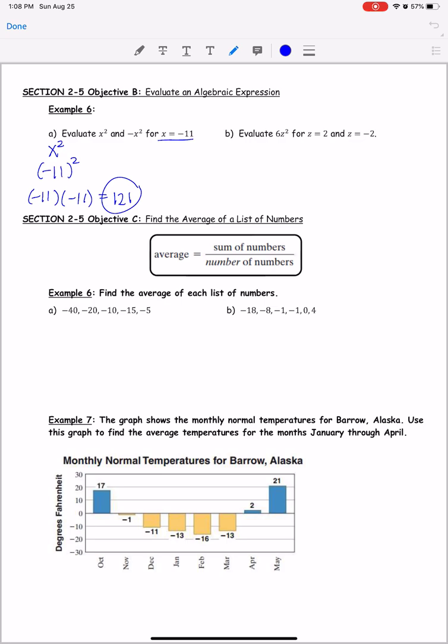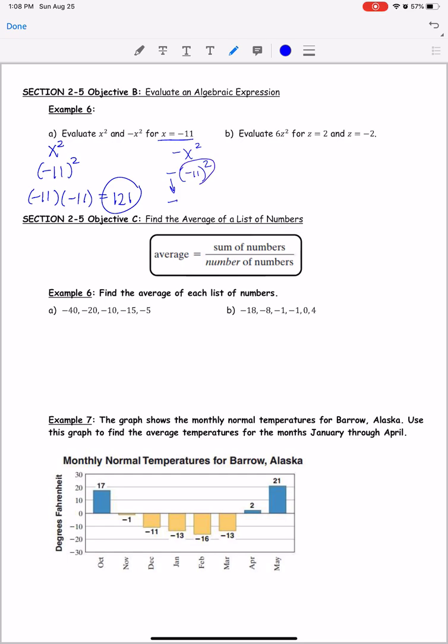My next one is this negative x squared. When I have negative x squared, I am replacing something only where that x is. So I have negative something on the outside, and then squared. Well, what is my x? My x is still that negative 11. So this negative on the outside comes down.